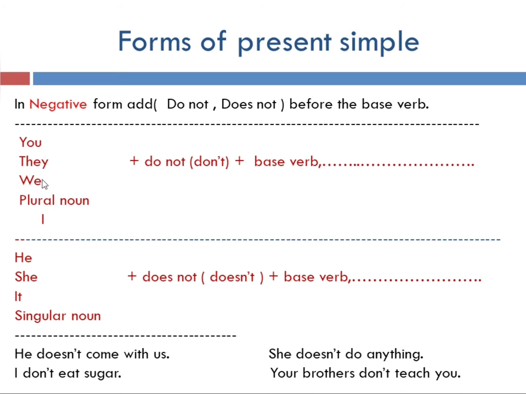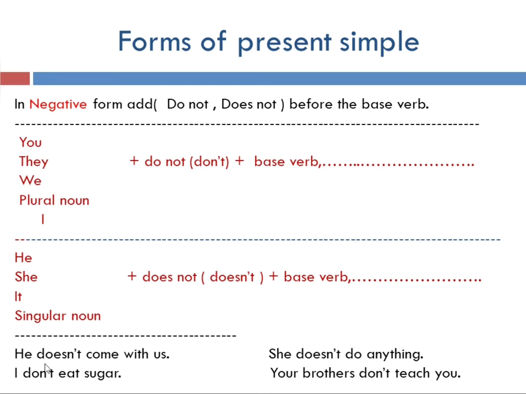So let's see. Like the previous one, if you have you, they, we, a plural noun, or I, then you add do not, or sometimes it's written like this, don't, in short form. Then we add our base verb.